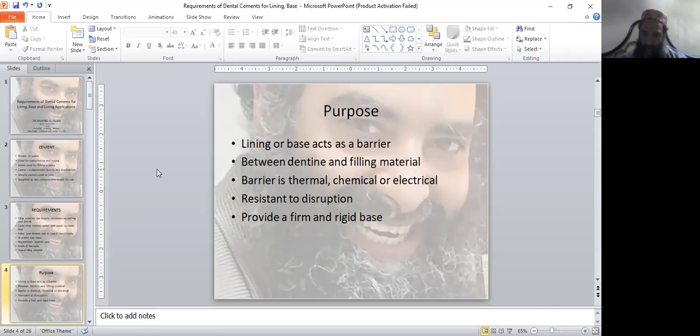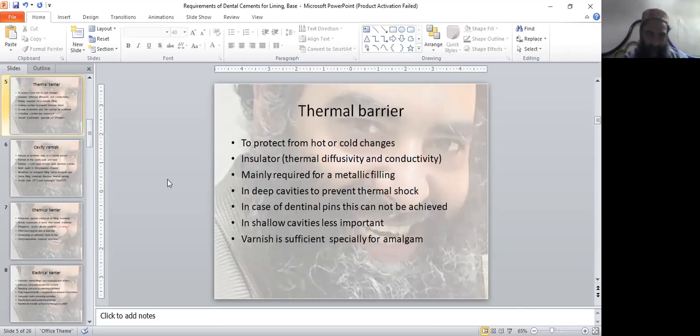It also must be resistant to disruption and must also provide a firm and rigid base. Now, the thermal barrier. The thermal barrier, as obvious from the name, protects from hot or cold, thermal changes.